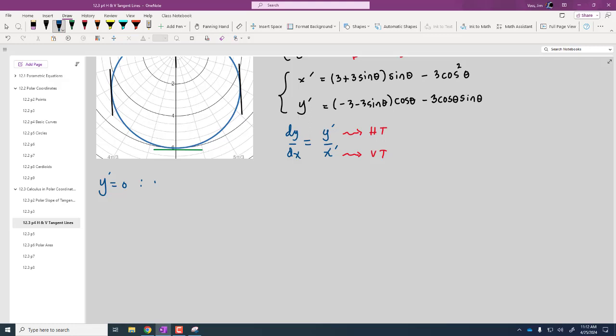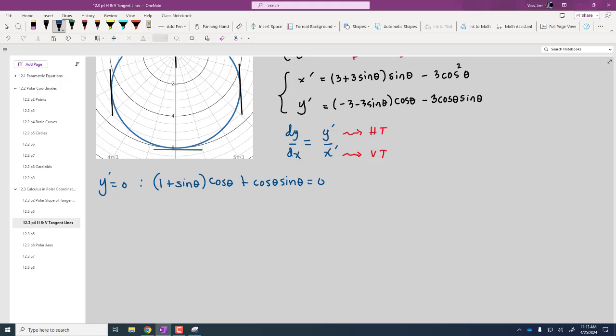So if we divide out negative 3, we're going to end up with 1 plus sine of theta times cosine of theta plus cosine of theta sine of theta equals 0. Everyone okay with that? So we set it equal to 0 and then divide by negative 3.